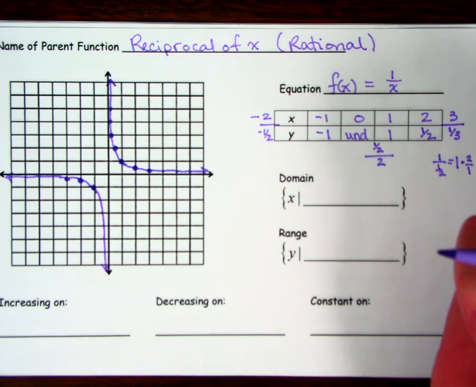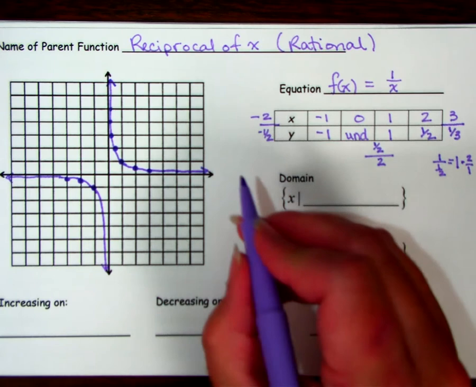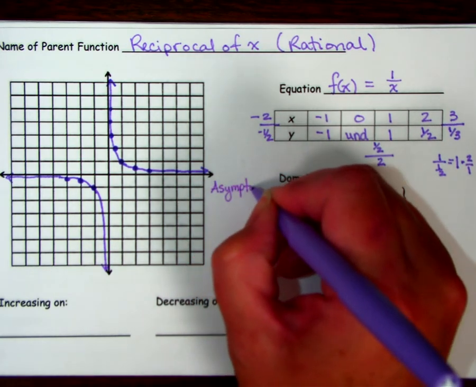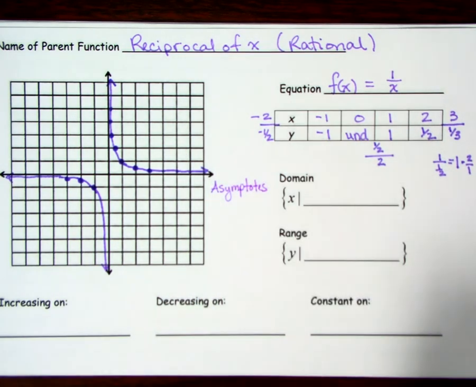Okay, this function has a couple of features that are really important to know about. They are called asymptotes. Asymptotes are essentially boundary lines that tell you what's happening as the graph gets closer and closer and closer to them.